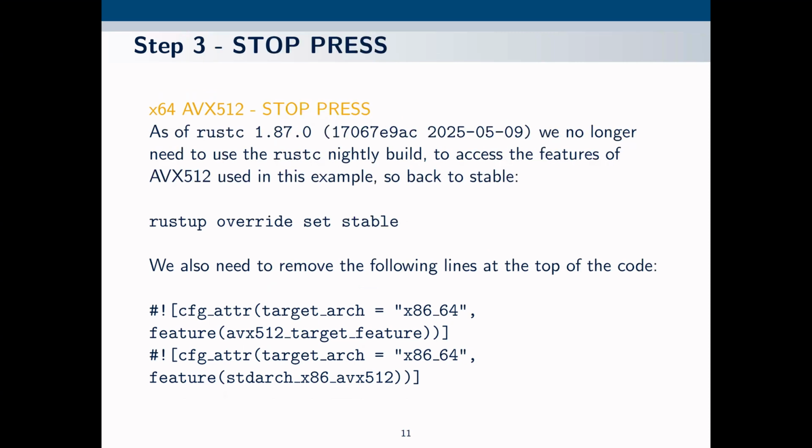But then, stop press, we hit the 9th of May this year, and AVX512 is included in the stable Rust compiler. So we ignore the previous slide, we go back to the stable compiler, and we remove those 2 target feature lines that we'd inserted.